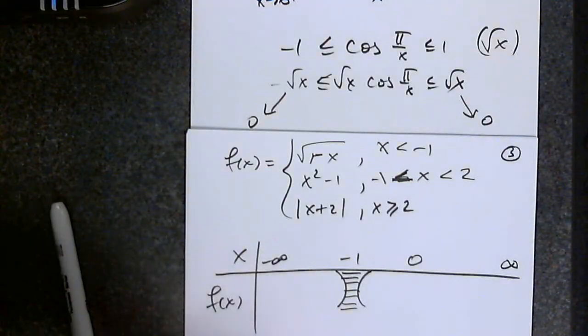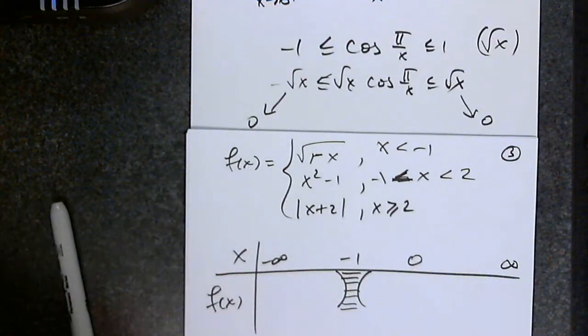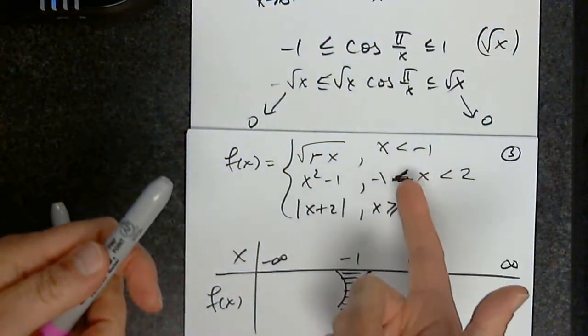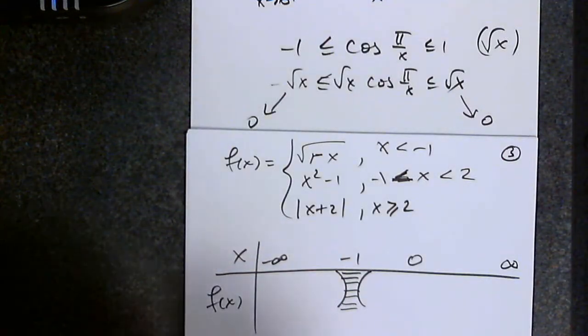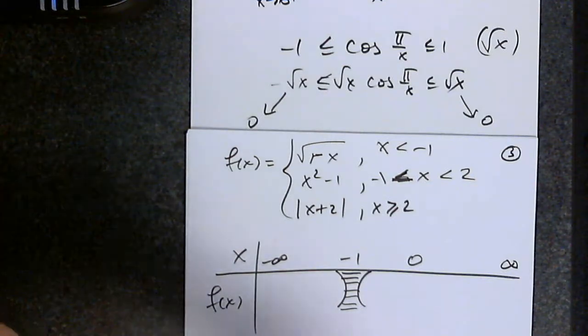Why did you do that? The function is undefined at negative 1. How do you know? Because there is no equal symbol at negative 1. Because it's less than negative 1, and then x is greater than negative 1, so nothing equals it. Exactly.